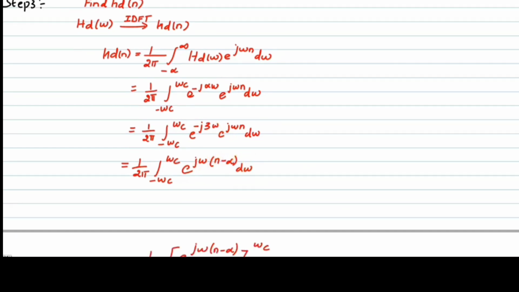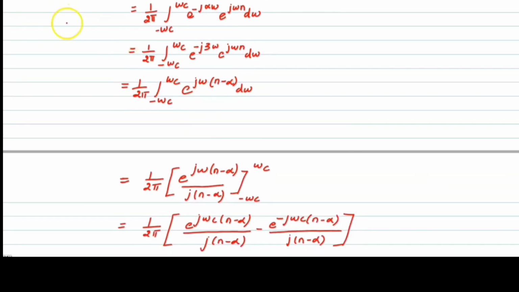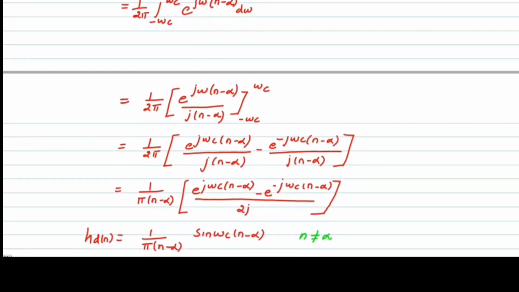If we take the integration, it becomes e power j omega into n minus alpha divided by j into n minus alpha, since we are integrating with respect to omega, you should not write omega in the denominator. It ranges from minus omega c to omega c. So you substitute omega c first, then minus of minus j omega c.